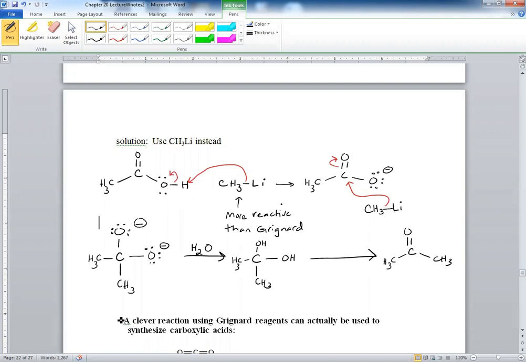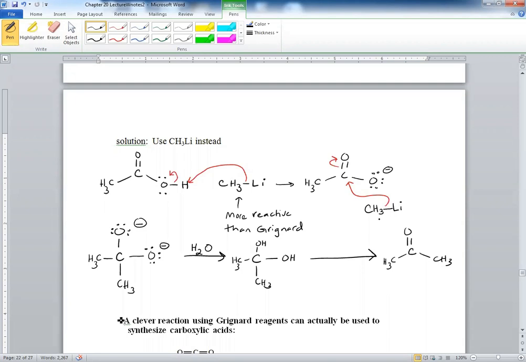So again, carboxylic acid can become a ketone if you use organolithium. So once again, we're building up our arsenal of reactions so we can conduct synthesis problems.